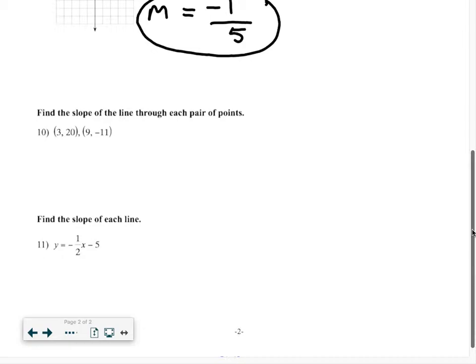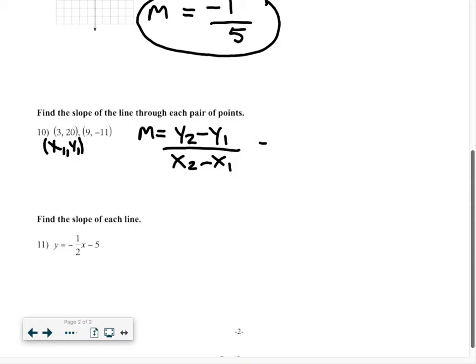All right. Continuing here, finding the slope between 2 points. We need to use the formula for slope, which is y2 minus y1 over x2 minus x1. This is as simple as assigning one point x1, y1, and your other point x2, y2.